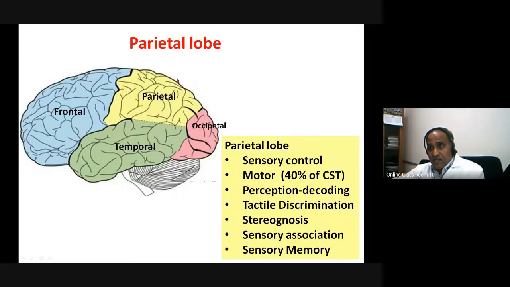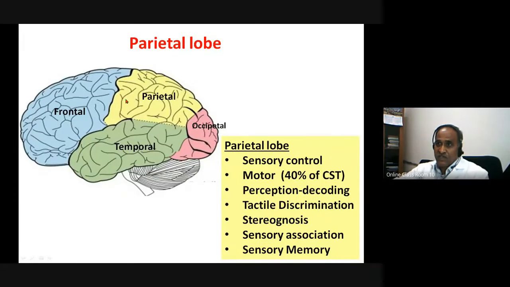And in this area, there is the receiving of the sensory information, the decoding of the sensory information, and then after decoding, the translation of the sensory information, and trying to bring about the various attributes of the sensory information.